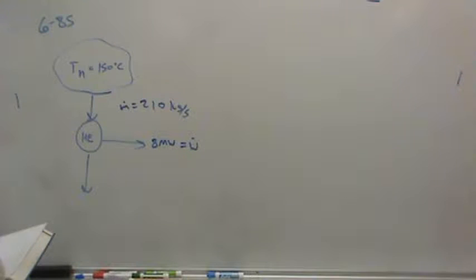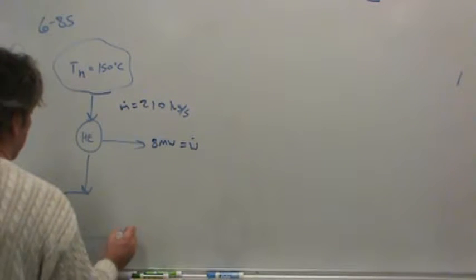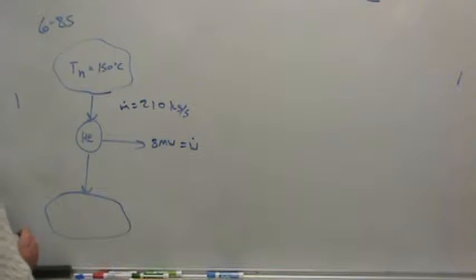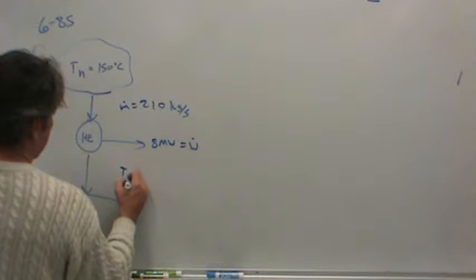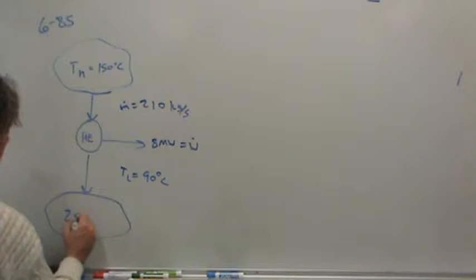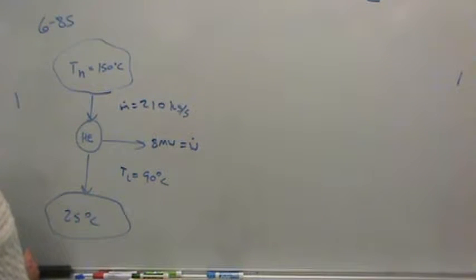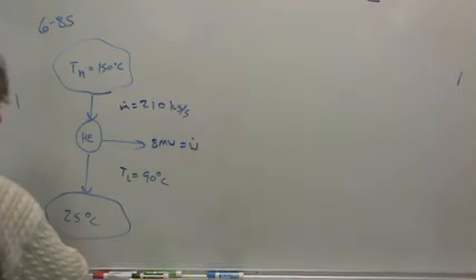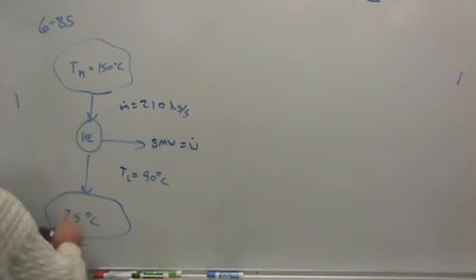Now, the geothermal water actually leaves at 90 degrees Celsius. So the actual TL, if you want to call it that, is 90 degrees Celsius, but the environment is at 25 degrees Celsius. So let's just leave that there for now.